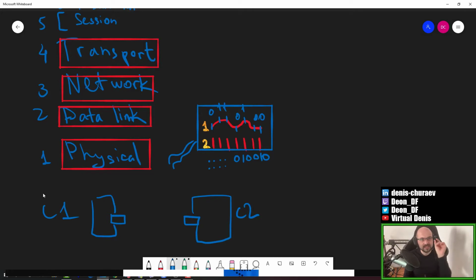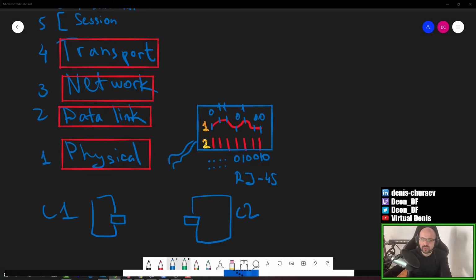You always see the same hole for the network cable. The cable type is called RJ45. And I'll show you shortly what it looks like if you haven't seen it, but I'm sure if you have ever worked in an office or if you have a specific type of connection at home, you will see it.